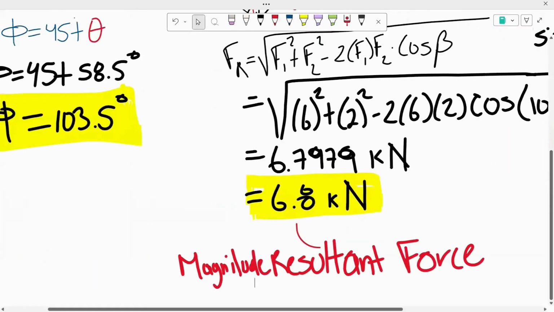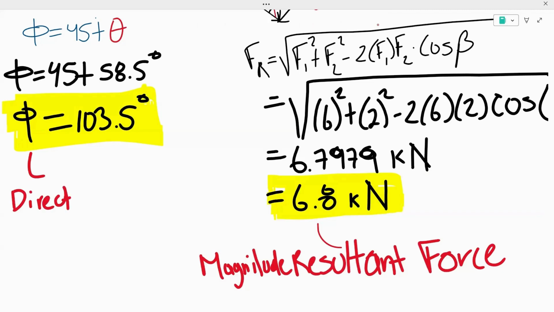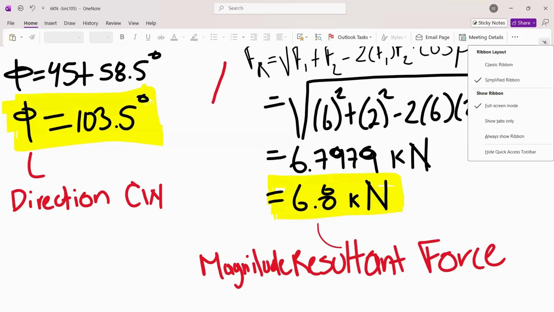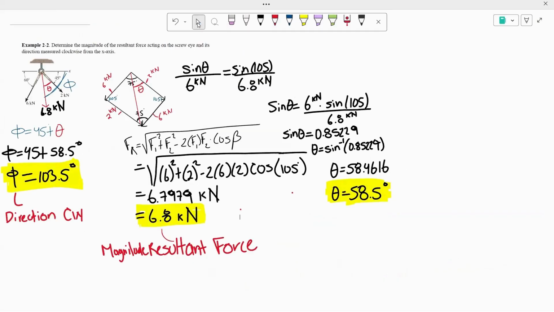That's the magnitude, and this is the direction clockwise from the positive x-axis. So once again, just to sum up, the magnitude of the resultant force we got was 6.8 kilonewtons, and the direction measured clockwise from the x-axis was 103.5 degrees.